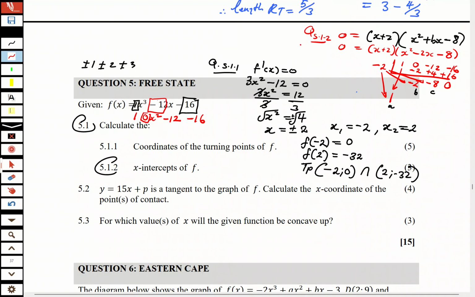So where can I take this? Let me see. I'm just going to take this side. Okay, guys. So you have 0 into x plus 2. And again, I'm just going to simultaneously factorize the inside. So I'm just going to open up the bracket. So you'll have x into x. You need the factors of 8 and then subtract them.